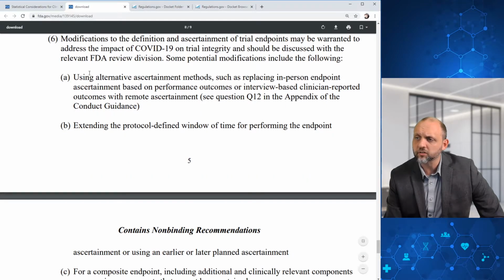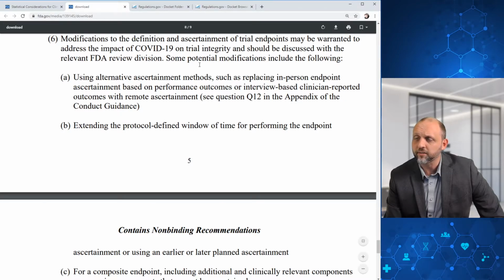And here for a 6th strategy, FDA outlines that modifications to the definition and ascertainment of trial endpoints may be warranted to address the impact on trial integrity and should be discussed with the FDA review division.